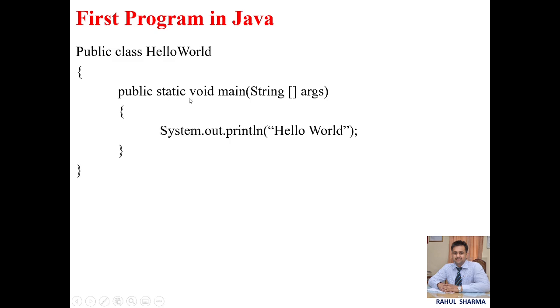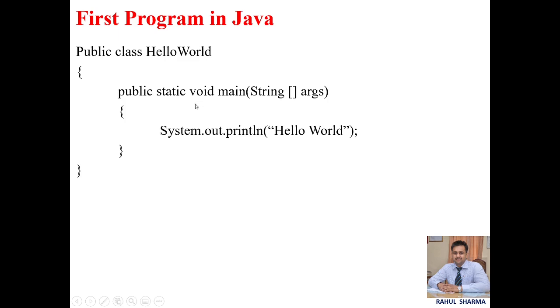After that we have written static. If we do not write it here, then this function will be an instance member function, and to use an instance member function we have to make an object of the same class. That's why we have made this main a static function, because any static function can be called without use of any object.